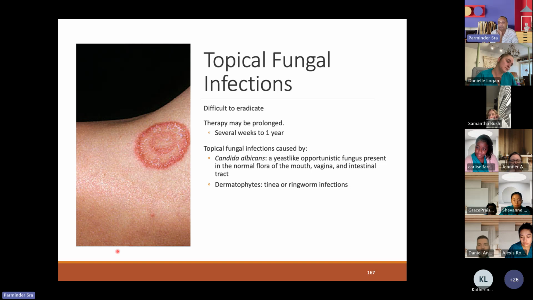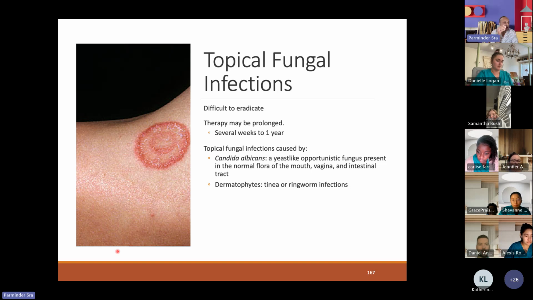Now, there are a few terms I'm going to mention. I'll tell you what they are. Please make sure you know them. They're named based on what part of the body the infection is. Number one, they are tinea infections. They're called tinea, okay? And the second word is wherever the infection is.